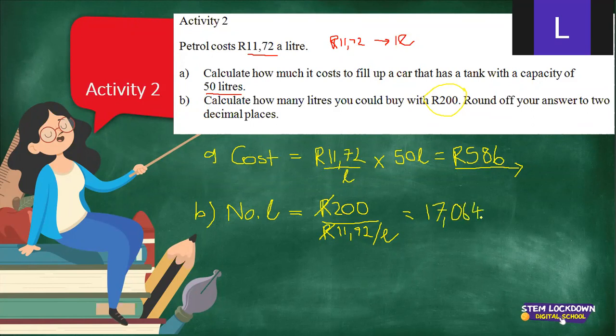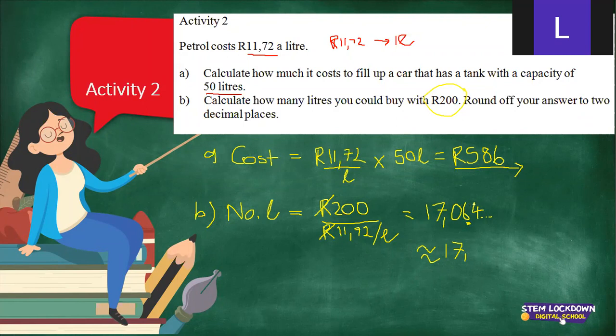Here my answer was 17.064 and so on. But they said to round off your answer to 2 decimal places. That means I must have 2 numbers after the comma, so it would be 17 comma 0 and 6. I'll end at 6, but I need to first check if my 6 will change or not.